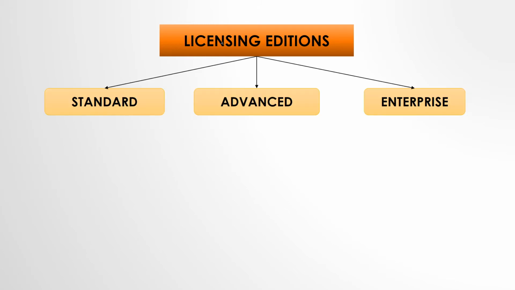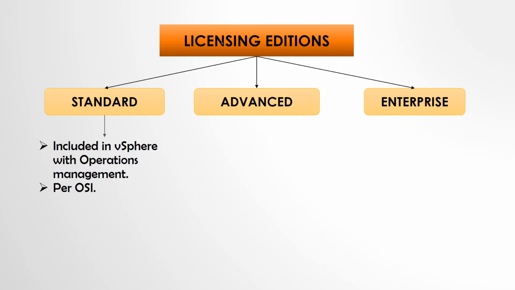Now comes the type of licensing editions that are available to us: standard, advanced, and enterprise. The vRealize Operations Manager standard license unlocks the core monitoring and analytics platform. The focus of the standard edition is on vSphere and its components within the environment.